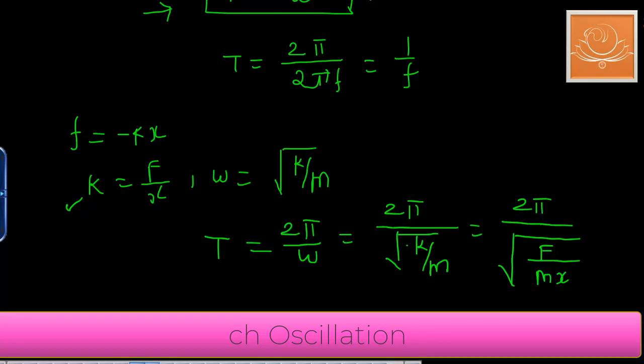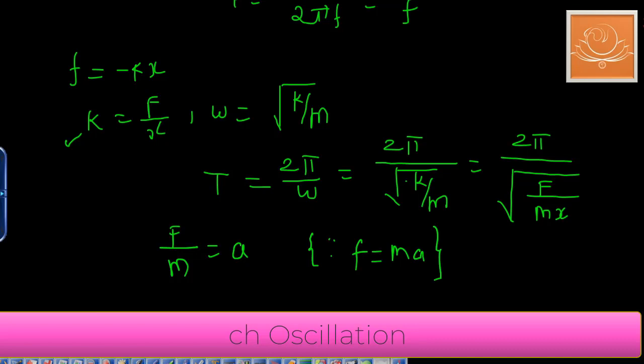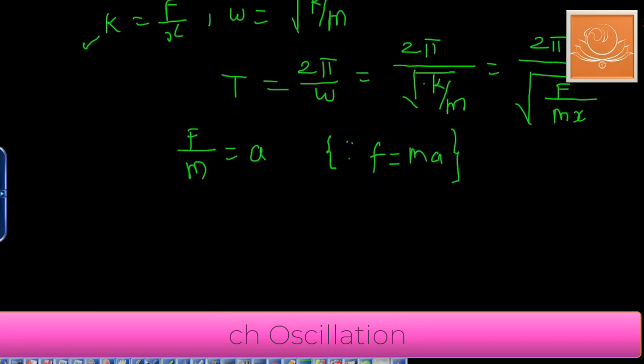Now see the meaning of this equation. This f divided by m is nothing but acceleration. Why? Because f equal to mass into acceleration. Now substitute this value f divided by m. See, the equation becomes t equal to 2 pi divided by under root a by x.